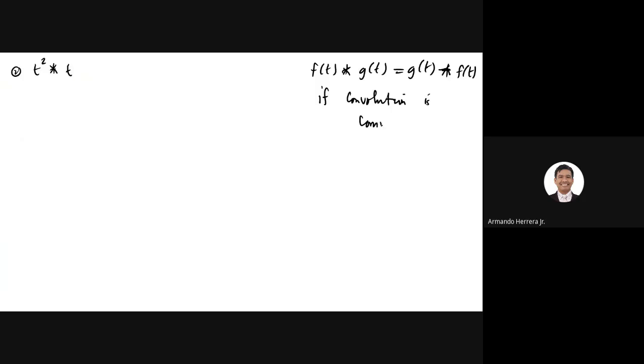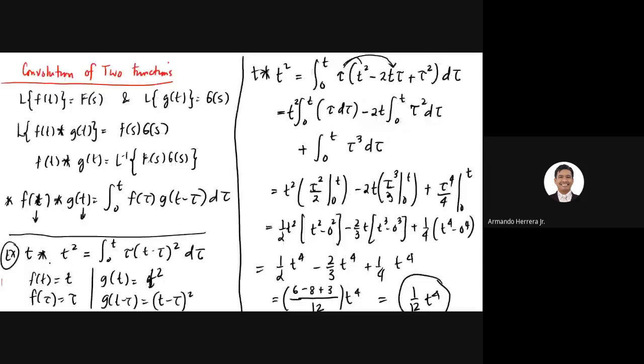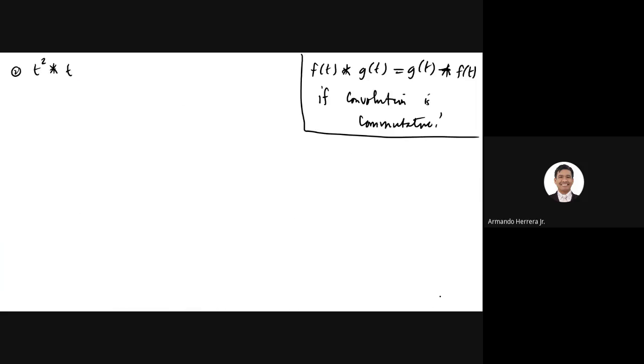If it happens to be equal, then we can say that convolution is commutative. So let us try. If t squared convolved with t is the same as what we have solved here, 1 over 12 t to the fourth, then we can prove that convolution is commutative.